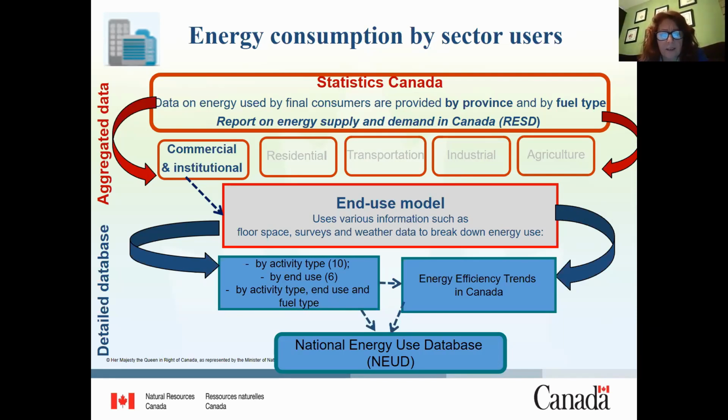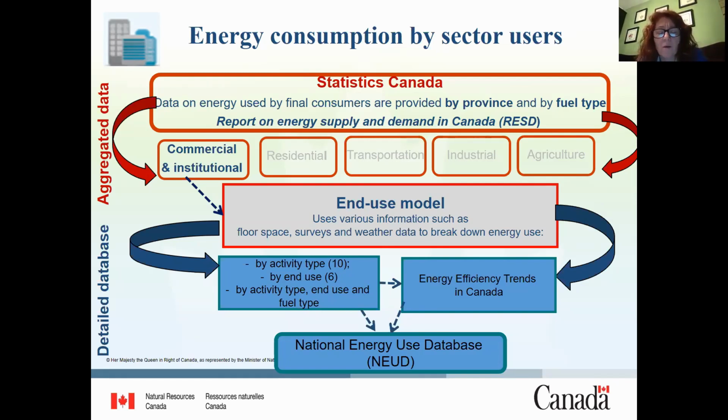Our data is reported by the North American Industry Classification System, and by activity type, by end use, and by breakdown by activity type, end use, and fuel type within each category.